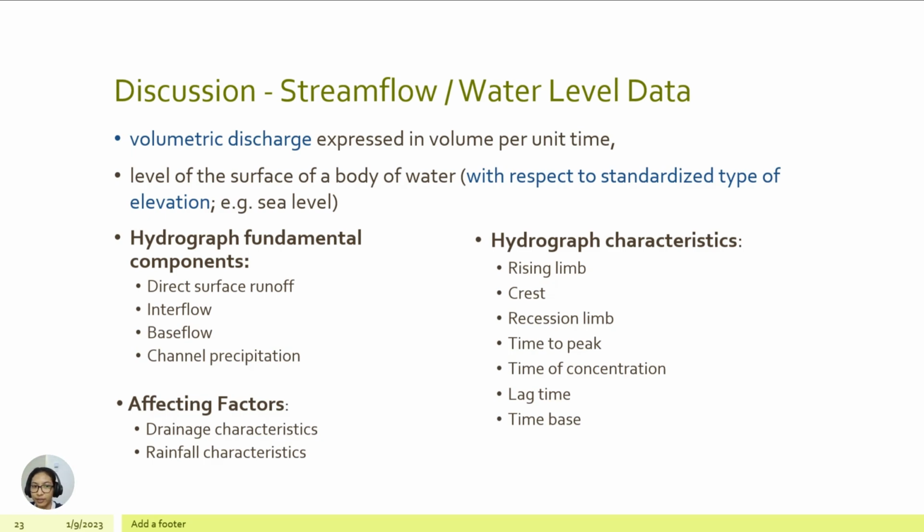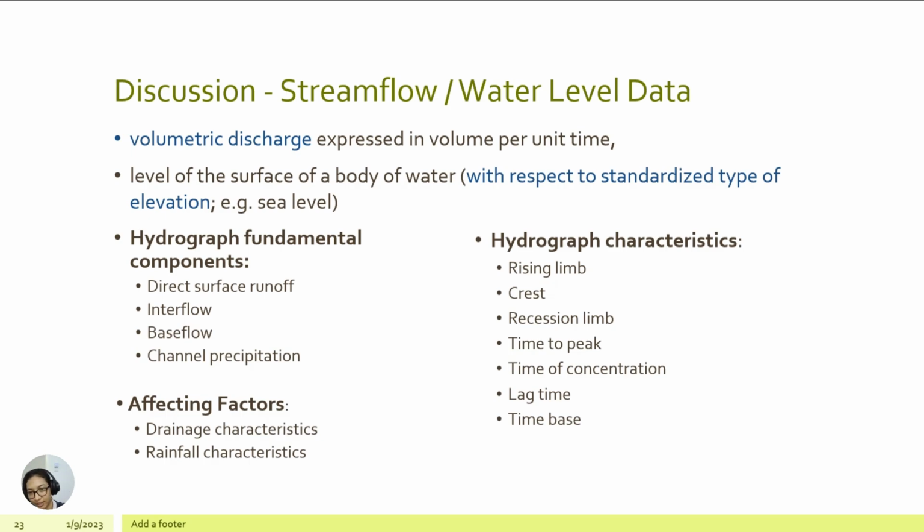The hydrograph has several fundamental components, such as direct surface runoff, interflow, base flow, and channel precipitation. There are two main factors that affect it: drainage characteristics and rainfall characteristics.